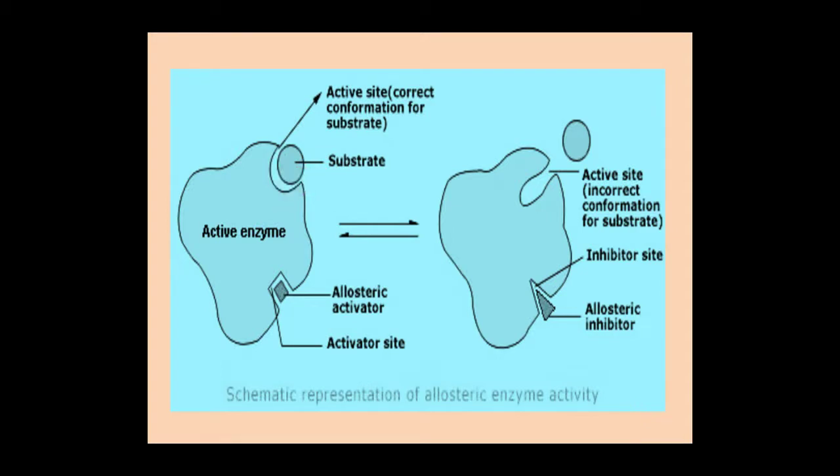But when a negative effector binds to the allosteric site of the enzyme, it gives the catalytic site a conformation which is not suitable for binding of the substrate to the active site. As a result, this allosteric inhibitor inhibits the binding of the substrate.